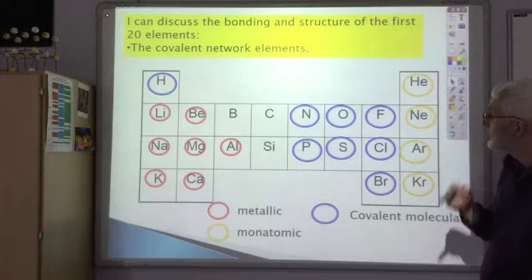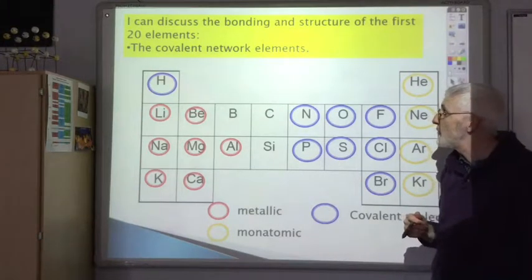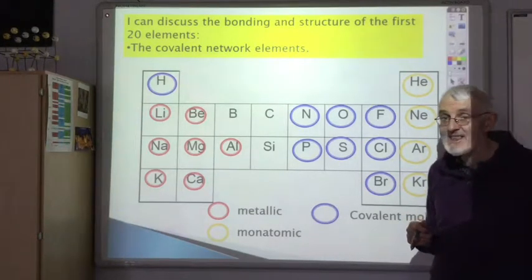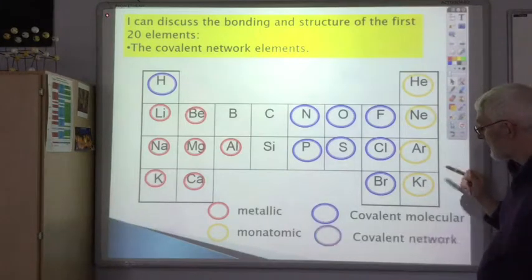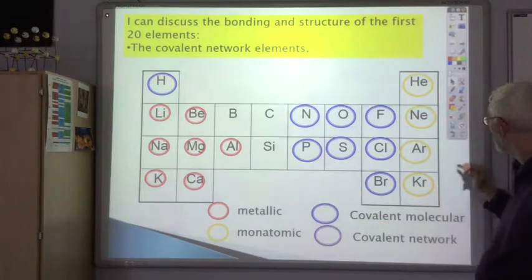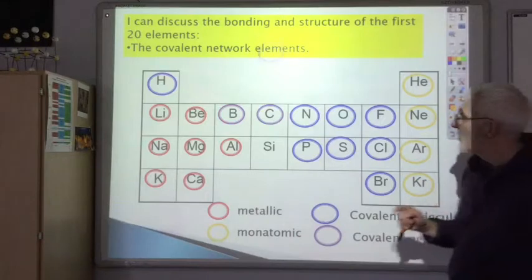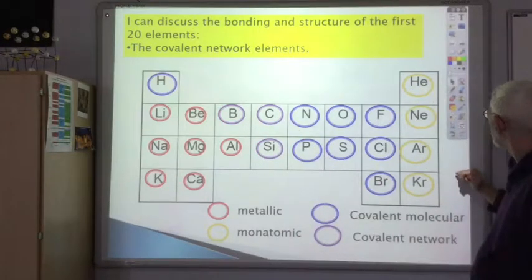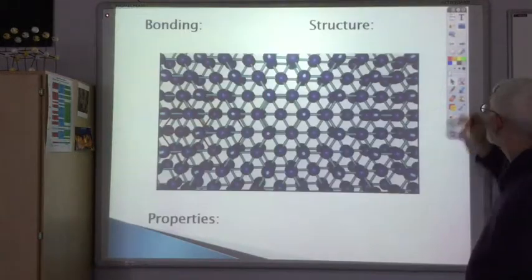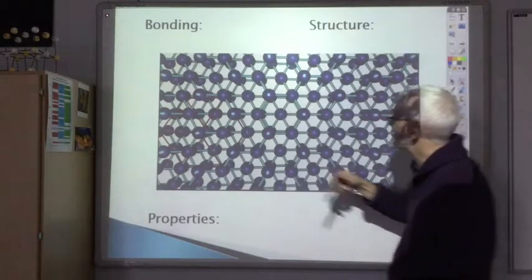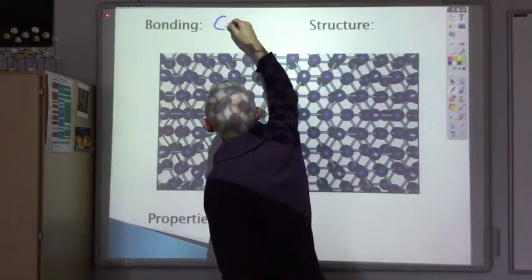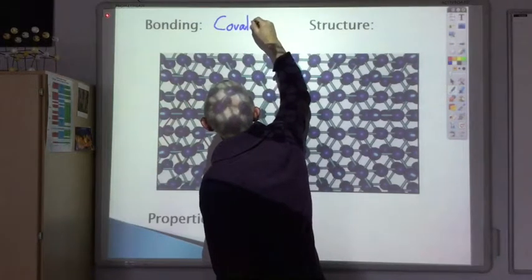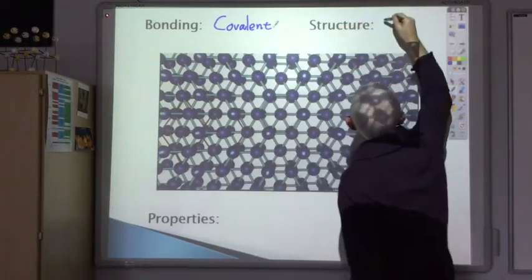Okay, so the final group we have to look at are the covalent network elements, and we'll give them a sort of purple circle. So just 3 of them: boron, carbon and silicon. So the bonding is covalent, but the structure is not molecular, it's a network.